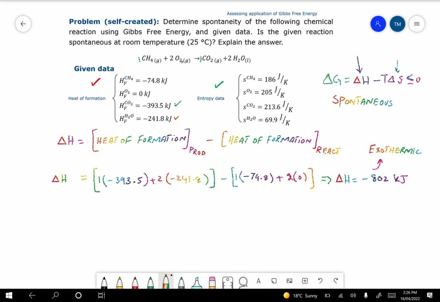Now the same thing we can do here for change in entropy, which is delta S. The same rule applies: entropy data for the products minus entropy data for reactants.